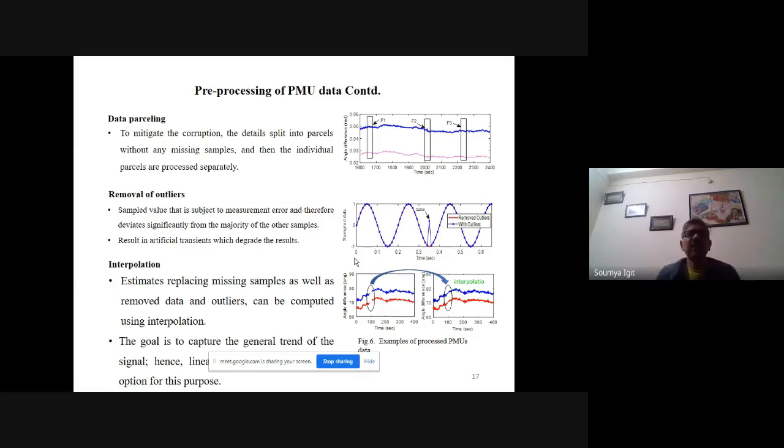So these are the stepwise procedures that I told you just now to mitigate the corruption. You are splitting the data into different frames and visualizing the angle difference.